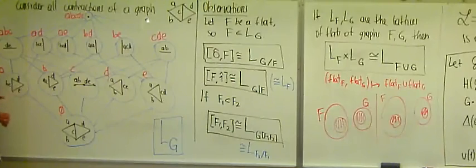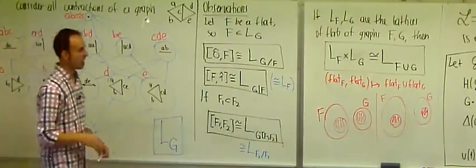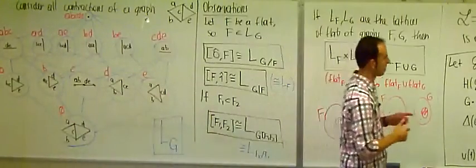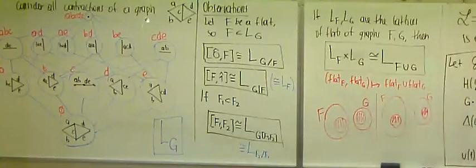Or if you have a bunch of isolated vertices, there's nowhere to contract them, because there's no edges to contract. And so actually here, this Hopf algebra is not connected, because any graph that doesn't have edges has a lattice of flats that is just a point. And so that means that every graph with no edges is degree 0.